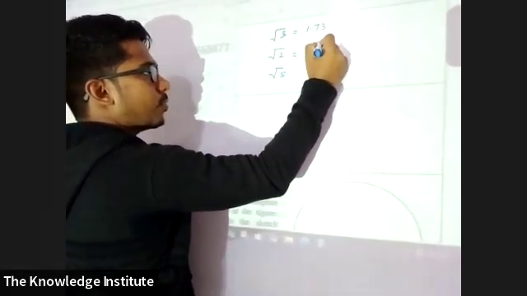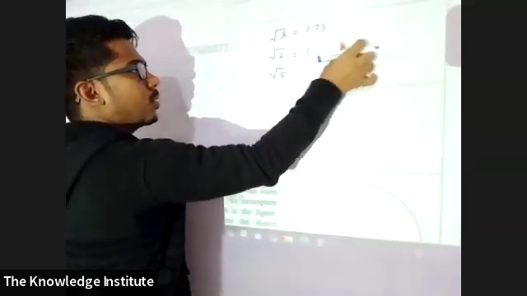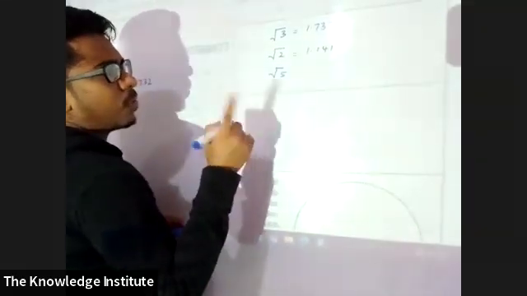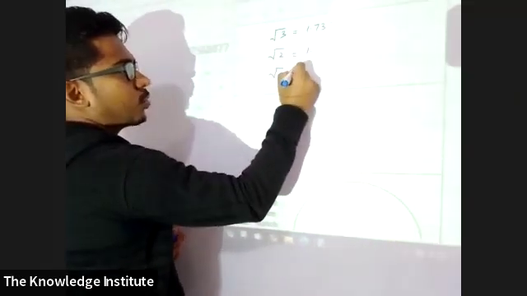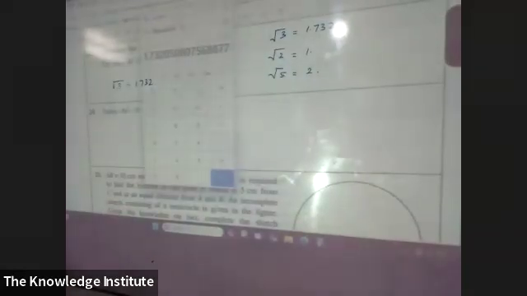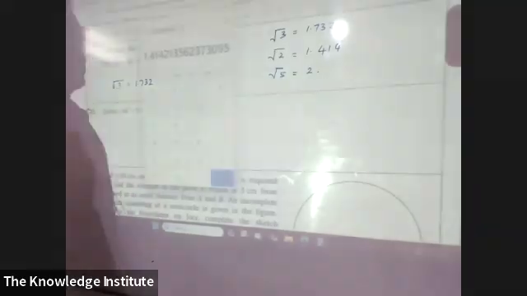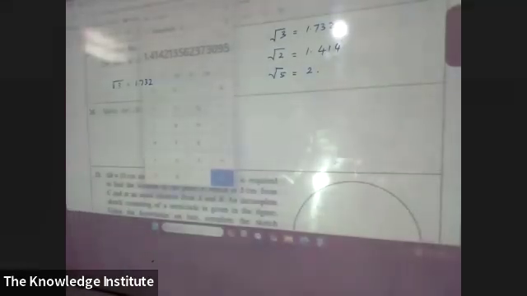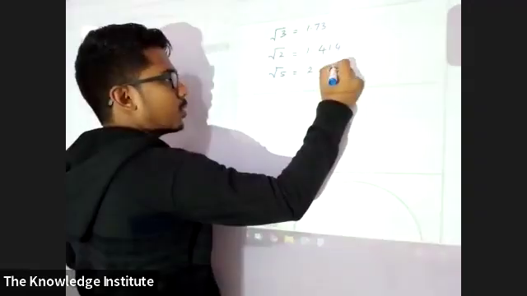Square root of 2 is 1.414. Square root of 5 is, check these values, 2.236.